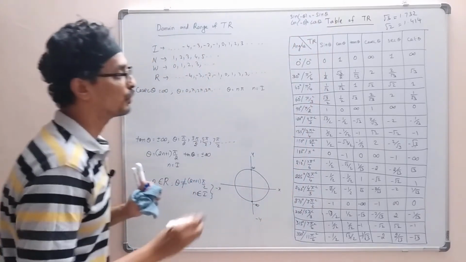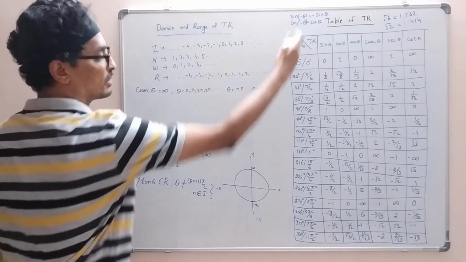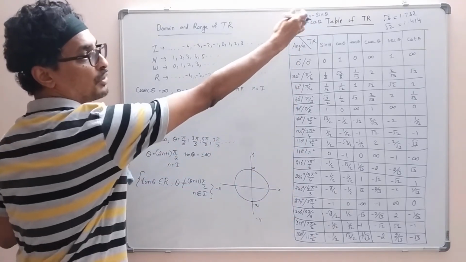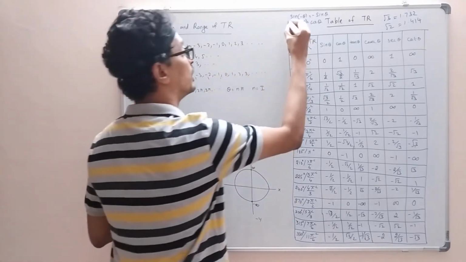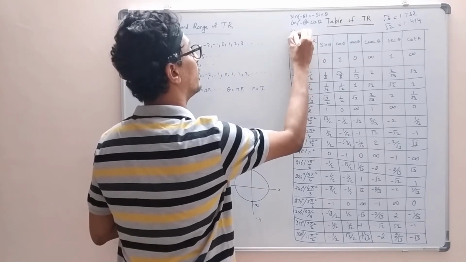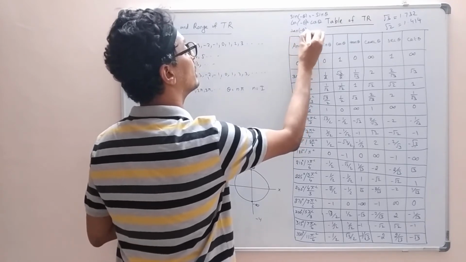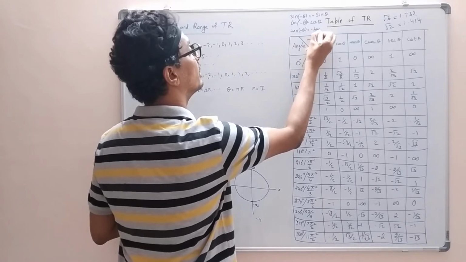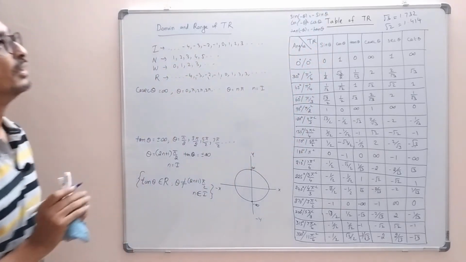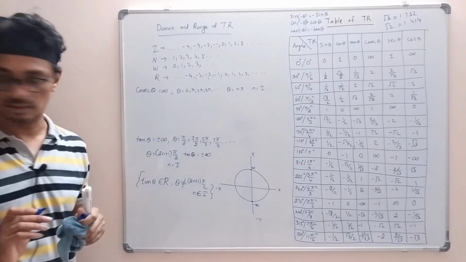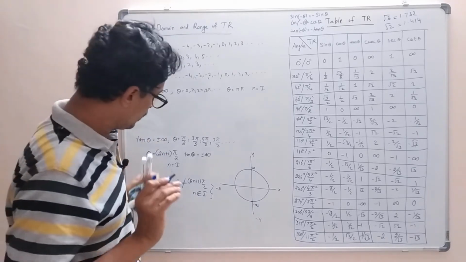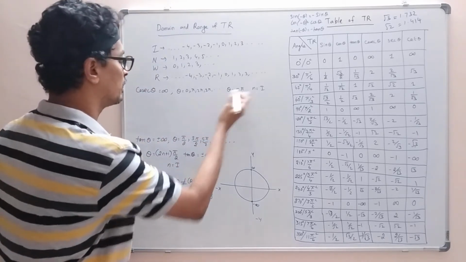Remember that. For all the negative angles I can use these formulas. You can also write one more: tan of minus theta equals minus tan theta. So this gives you the values for the negative angles.